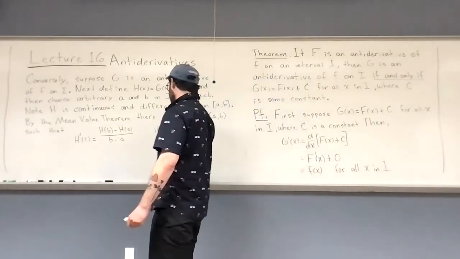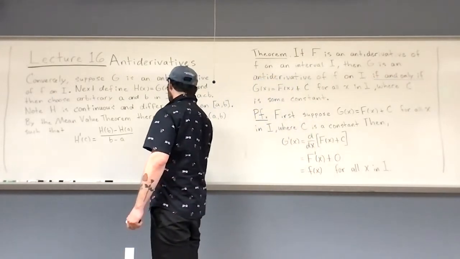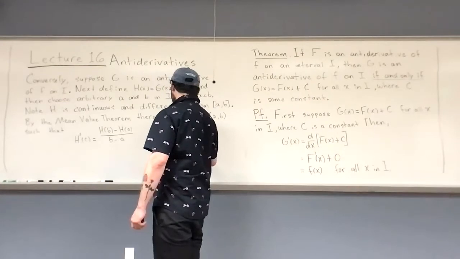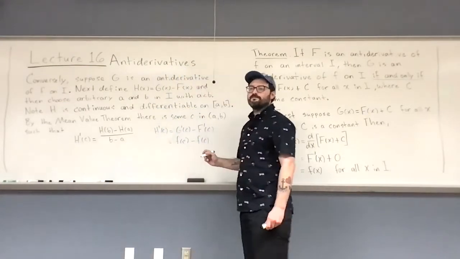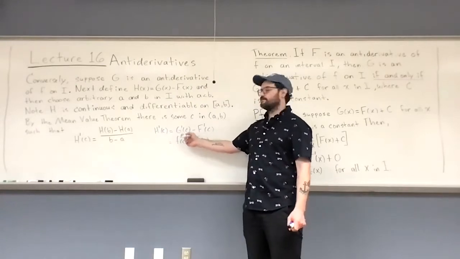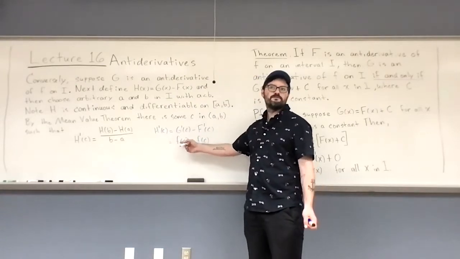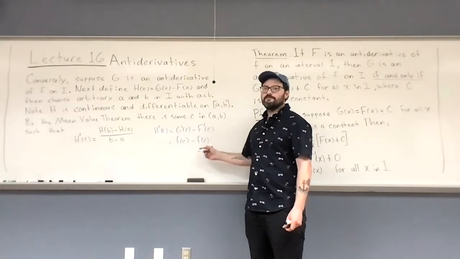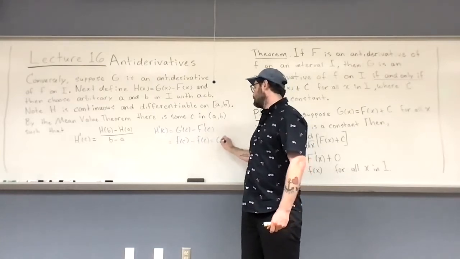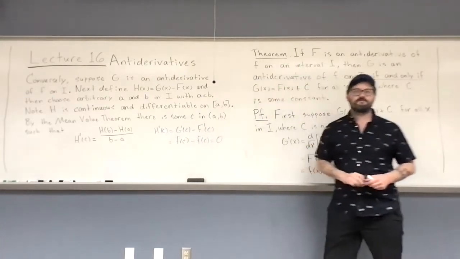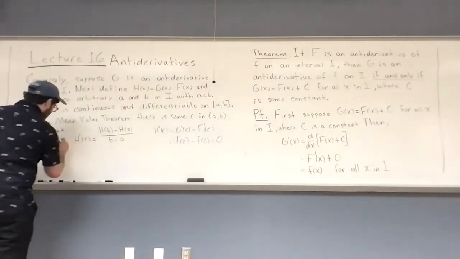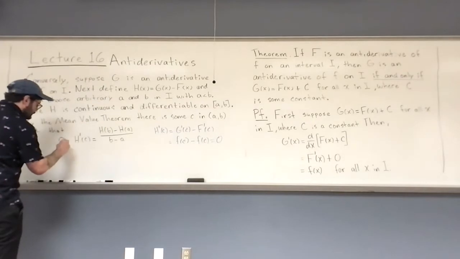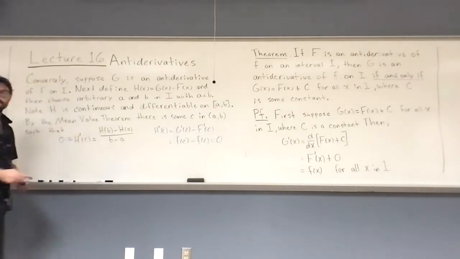So this is equal to what? Little f of c minus little f of c, right? Because the derivative is equal to little f everywhere in that interval. Same with that one, right? What does this equal? 0. So 0 is equal to that.